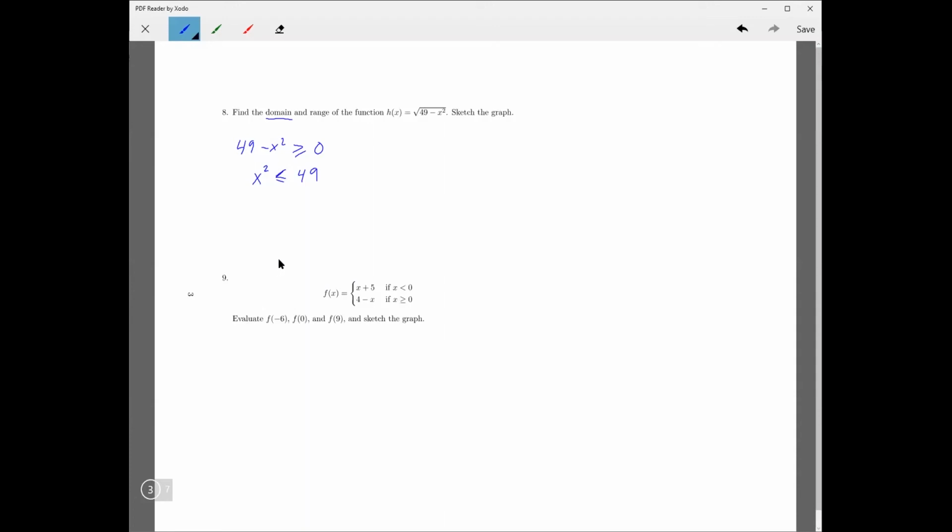And let's see. How can I explain this? This is going to mean that x has to be between 7 and -7, between -7 and 7. So that's going to be the domain.